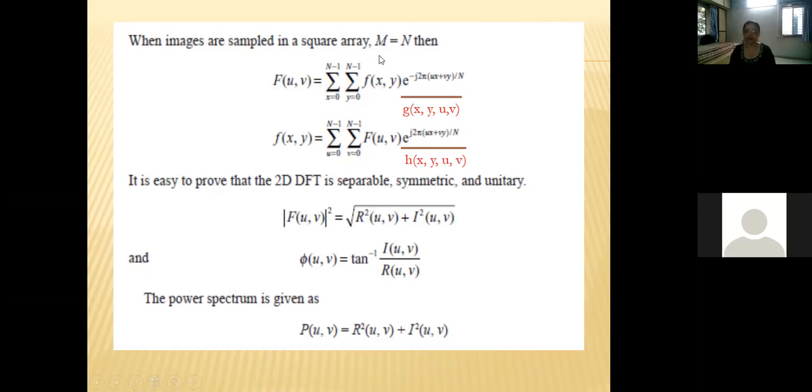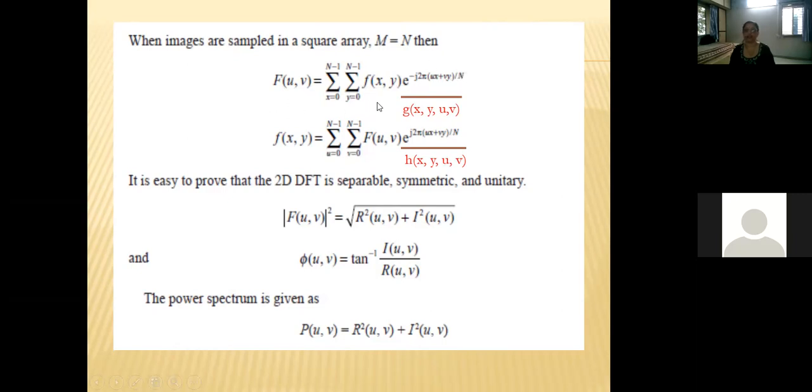Okay. So when M is the same as N, we can write the Fourier transform F(u,v) as summation x runs from 0 to n minus 1, summation y runs from 0 to n minus 1, f of xy into e raised to minus j 2 pi (ux plus vy) by n.